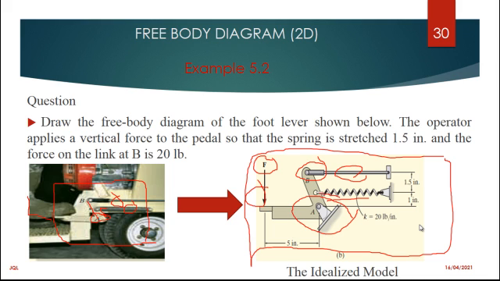So we have another reaction there. For a pin connection, you can remember that you need to have two reactions, the one in the horizontal, the other in the vertical, if we say that is the X and that is the Y.